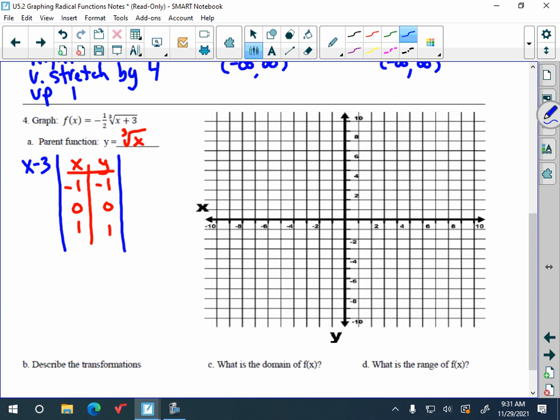And then all the y's are going to get multiplied by -1/2. So -1 minus 3 is -4. 0 minus 3 is -3. 1 minus 3 is -2. -1 times -1/2 is +1/2. 0 times -1/2 is 0. 1 times -1/2 is -1/2.